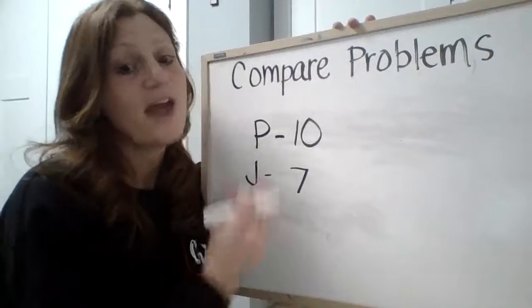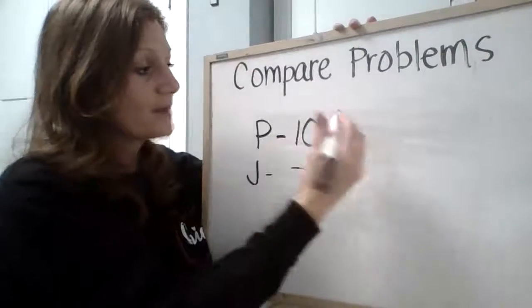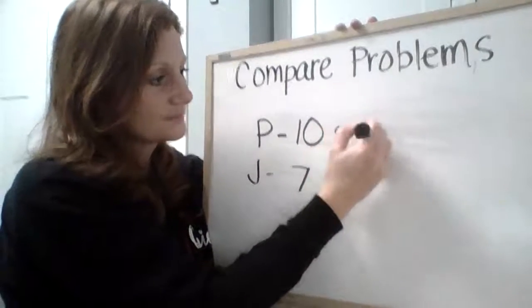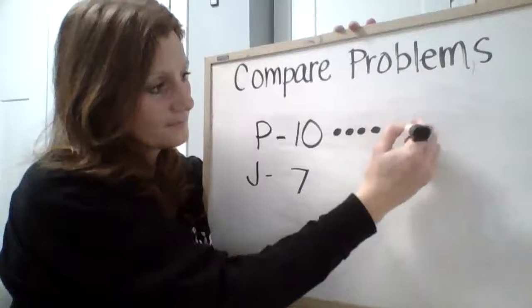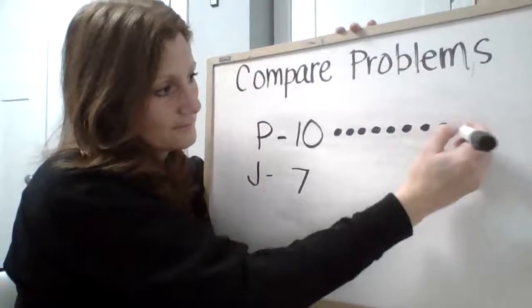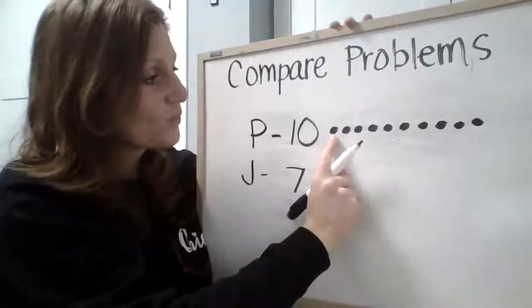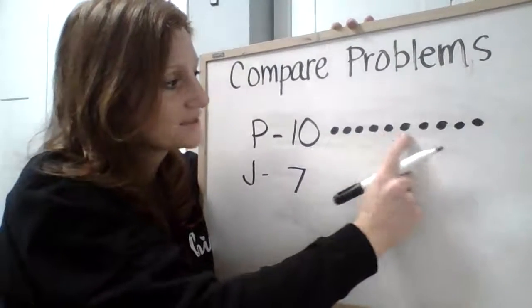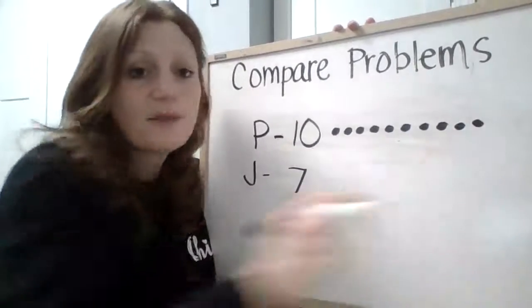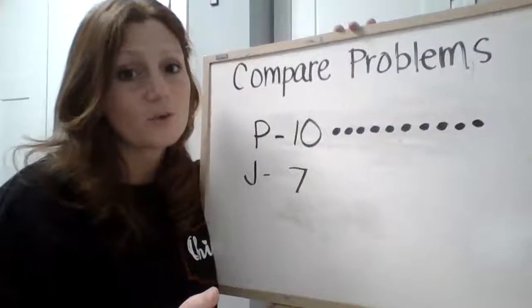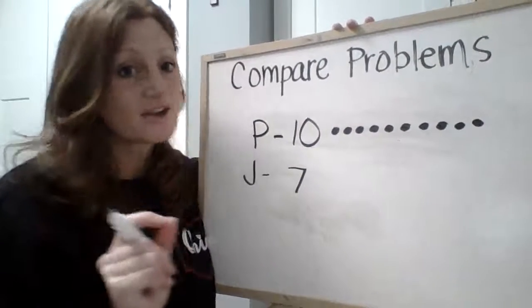So we need to compare these two numbers. So I'm going to draw 10 rocks, or 10 dots to represent the rocks. So 1, 2, 3, 4, 5, 6, 7, 8, 9, 10. Mathematicians always double check their work so they're precise and accurate.